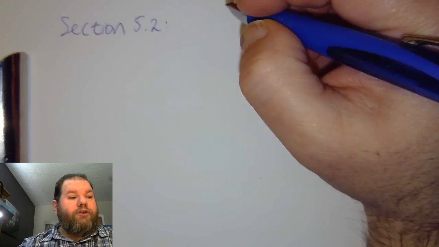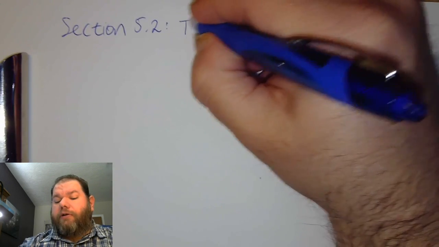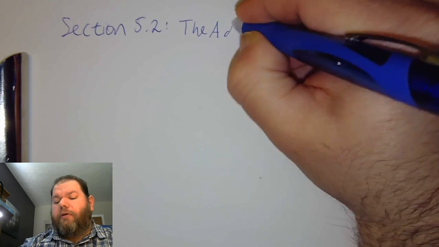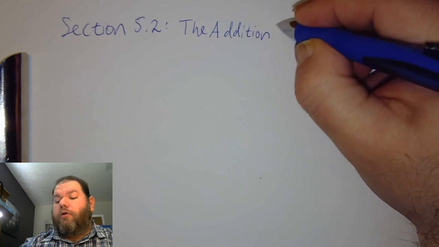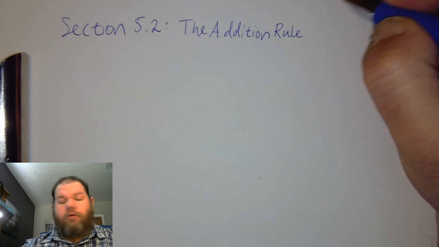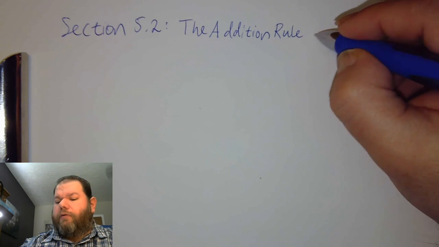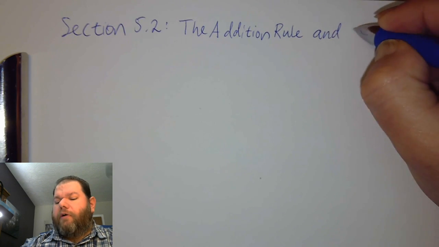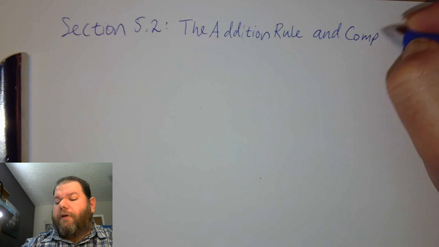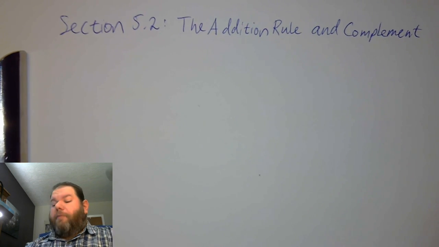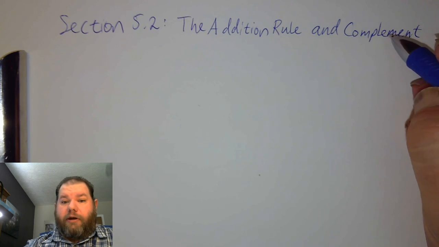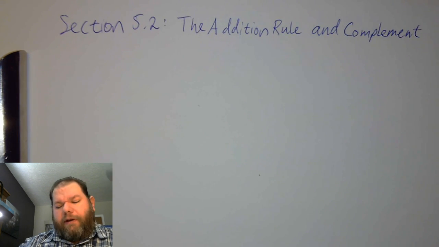Now, this section covers what we call the addition rule, and also the concept of a complement of an event. It's complement with an E, not an I, so we're not saying nice things about it.